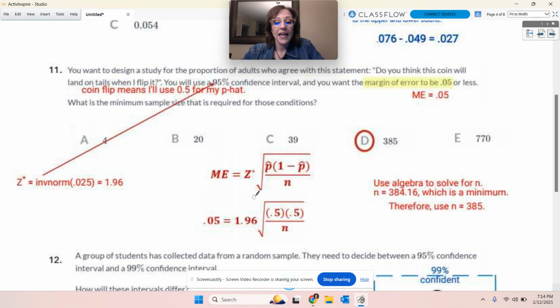And then I go and do the algebra. I hesitate to show that to you right now, but maybe I will in a different video, or you can come into tutorials and let me go over that with you again if you're having trouble. I got 384.16, and that's a minimum. So you always have to go up with that.